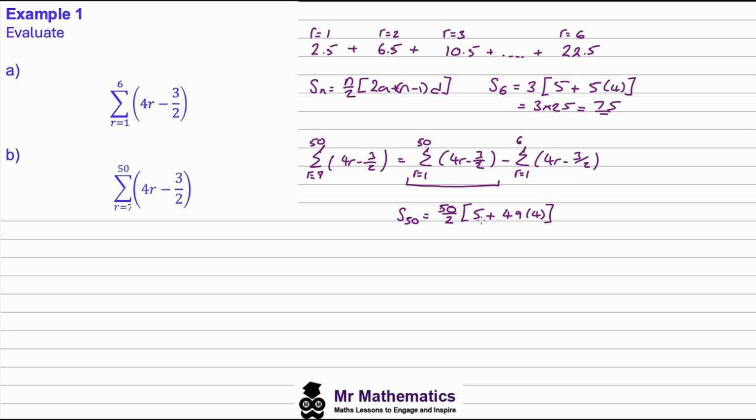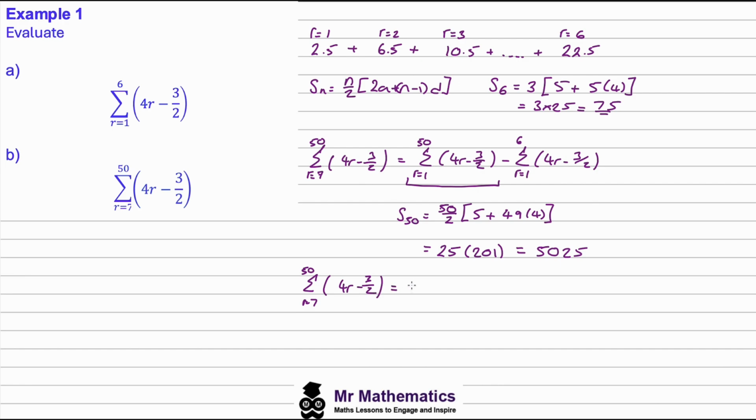So we can work this out as 201. So it'll be 25 multiplied by that 201. And this works out as 5,025.